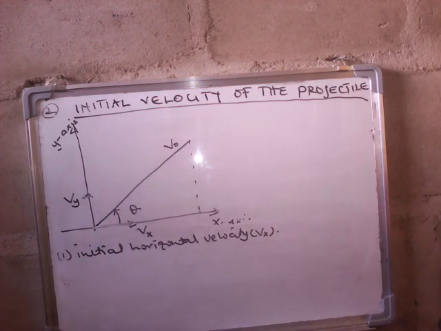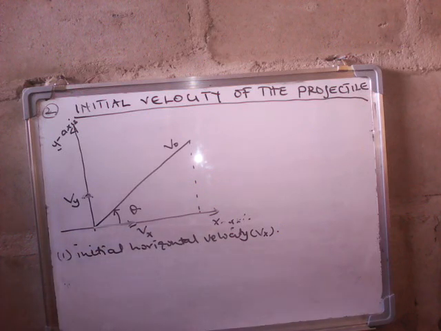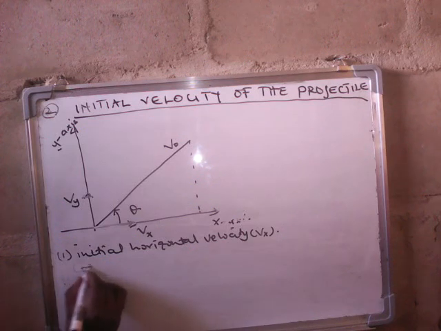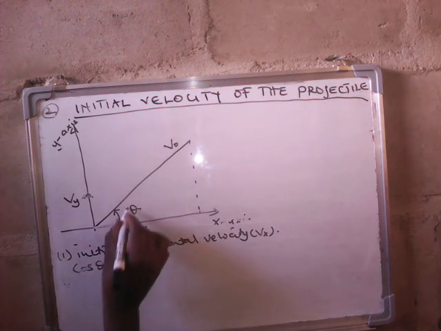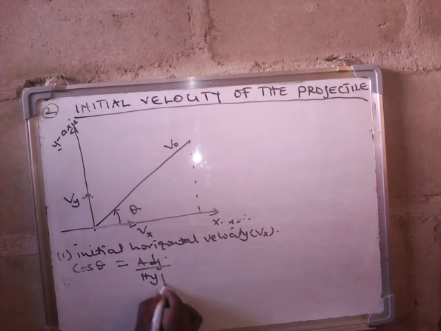But we know that if we need the adjacent, we always use cos, because cos theta of any angle is equal to adjacent over hypotenuse.